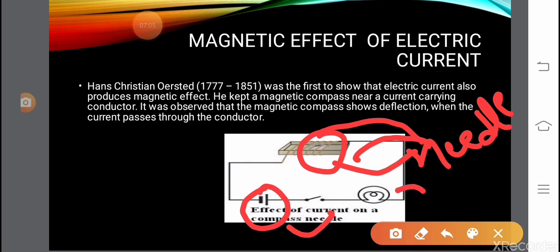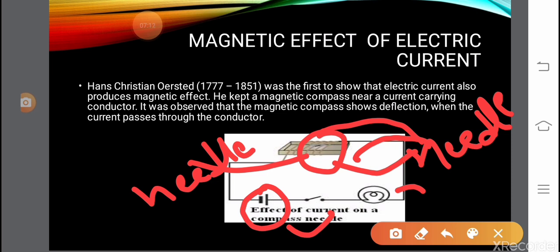When we bring a magnet near this needle, it starts getting deflected, means it starts moving continuously, and it is not stable at one place. It is continuously moving in any direction. Otherwise its rest position is north and south.